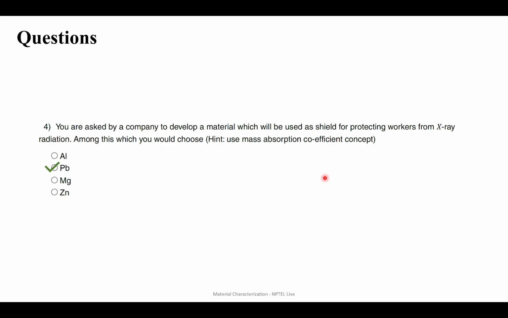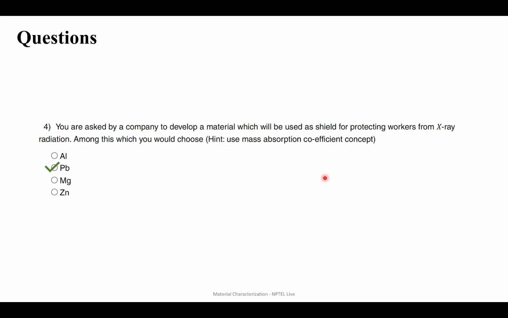So the correct answer for this is lead. Lead has the highest density among these, so it will have a very high absorption coefficient. So you would require a very small thickness of lead to shield.